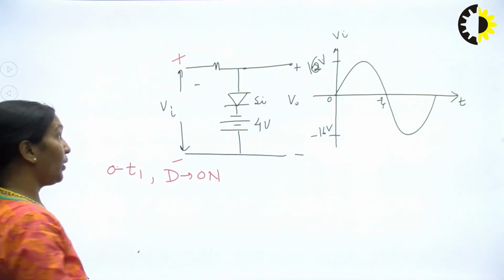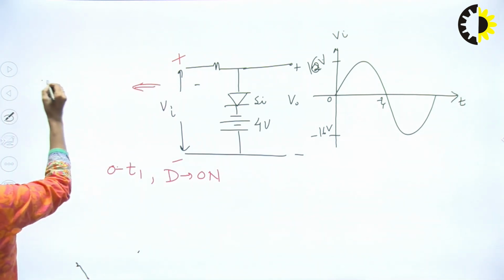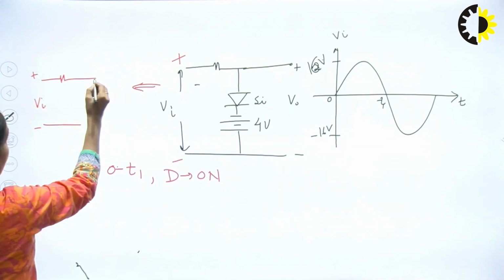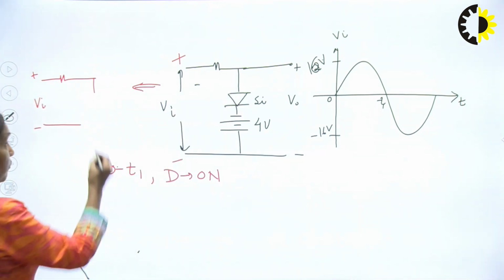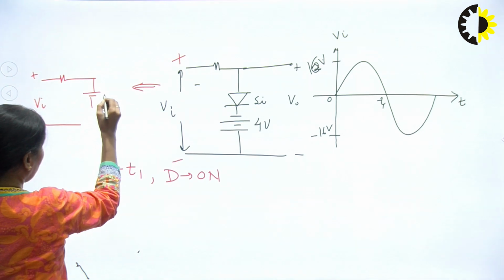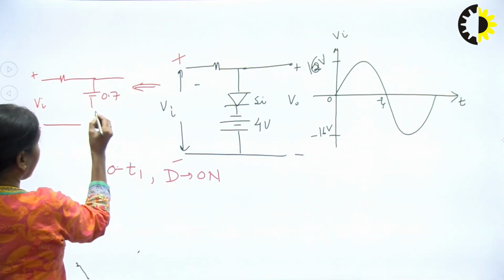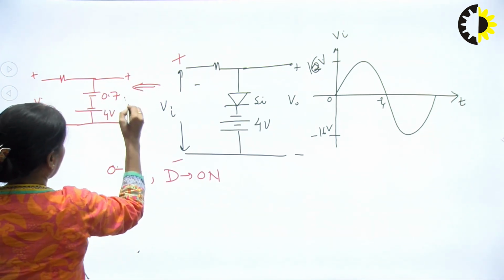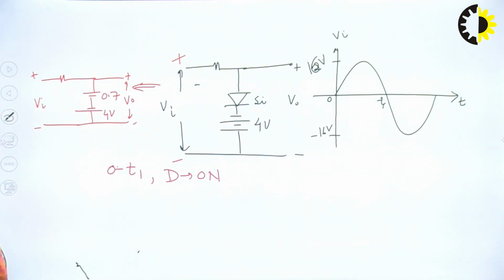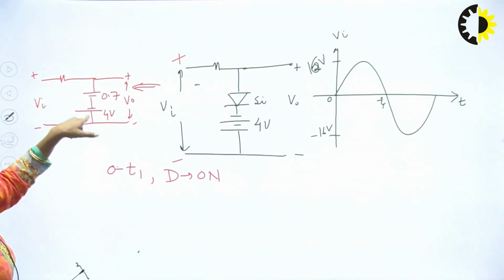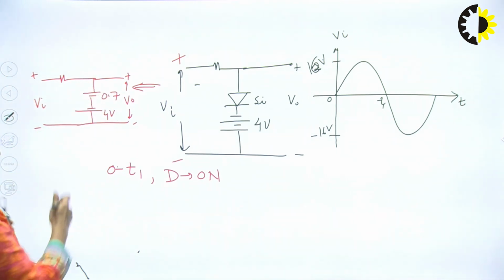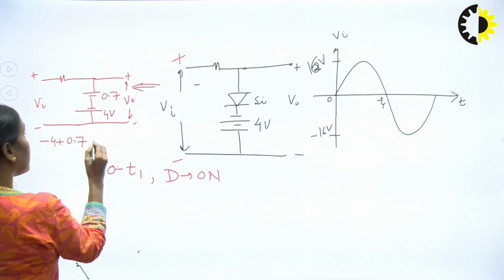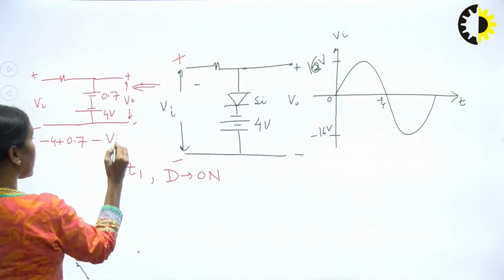If your diode is on, then the equivalent circuit will be: the diode will be replaced by a barrier potential of 0.7 volt, because this is your silicon diode. So this will be 0.7 volts, and minus plus, this is your 4 volts. This is plus minus V naught. So what will be my output voltage? In the second loop I have to write the KVL. So it will be minus 4 plus 0.7 minus V naught is equal to 0.